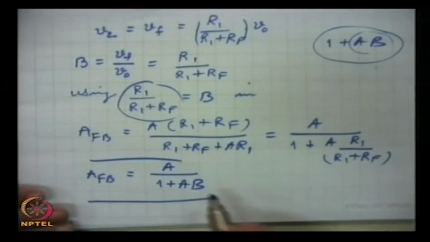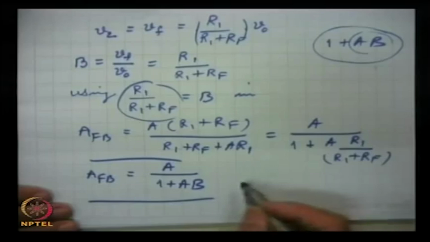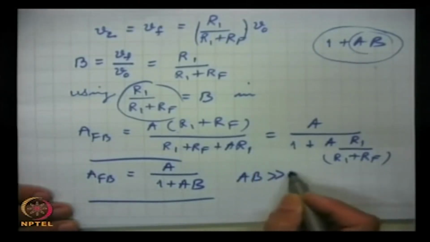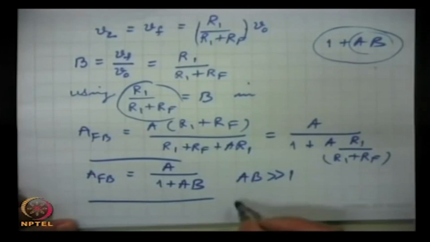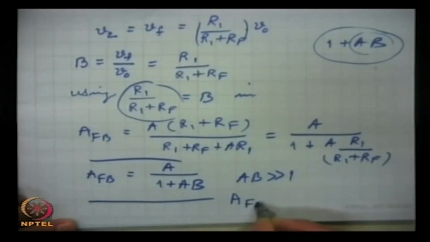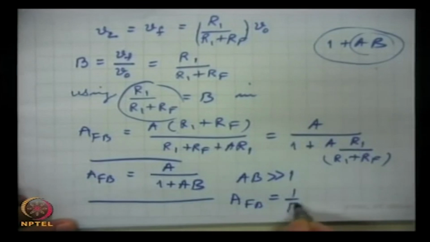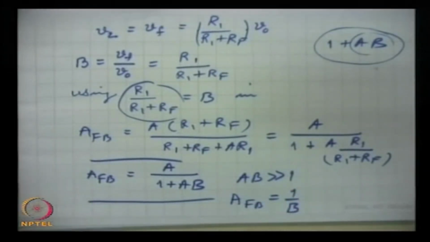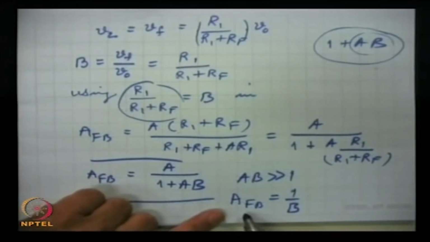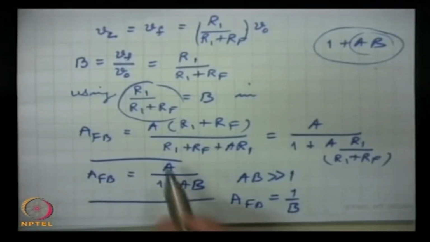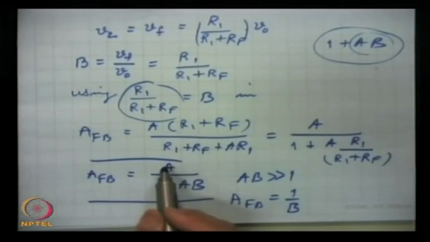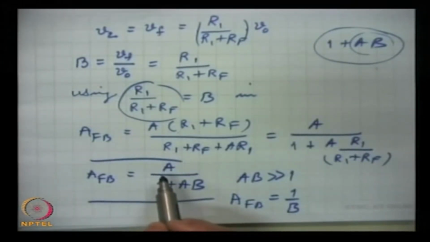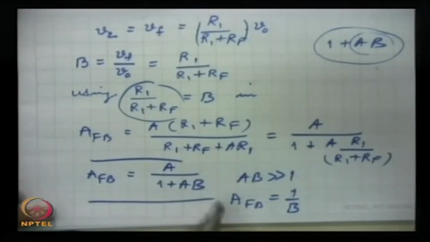And this term AB will be very large in comparison to 1, so 1 can be dropped. So the gain AFB is 1 by B, and that is highly stable. The gain of the feedback amplifier op-amp does not depend on variations in A, which may vary because of aging or temperature or noise in the surroundings, whatever may be the reasons.